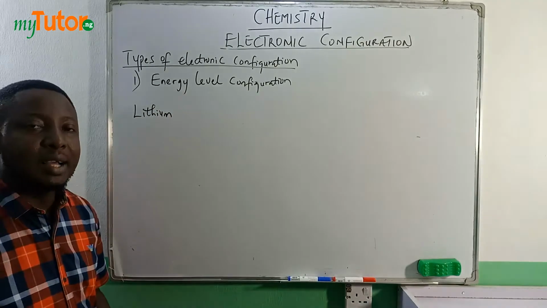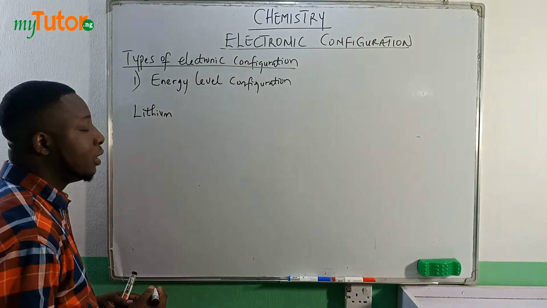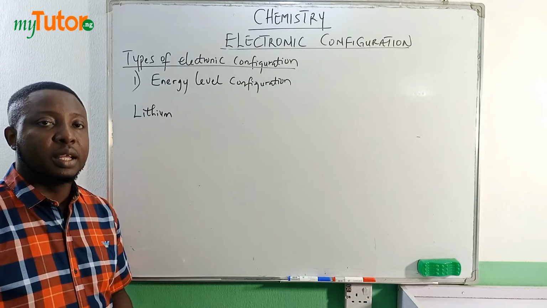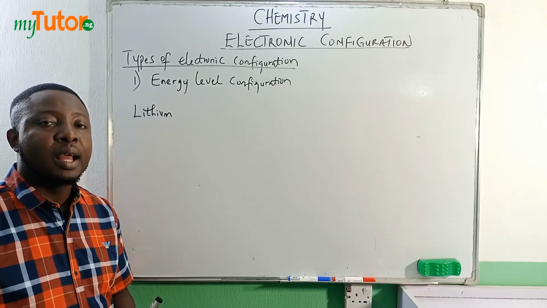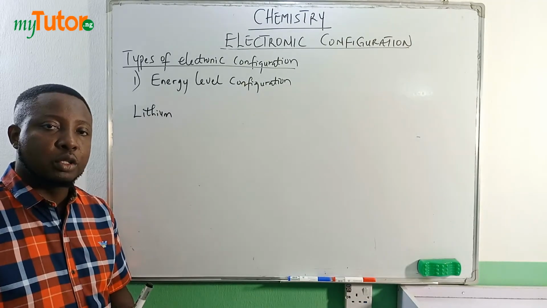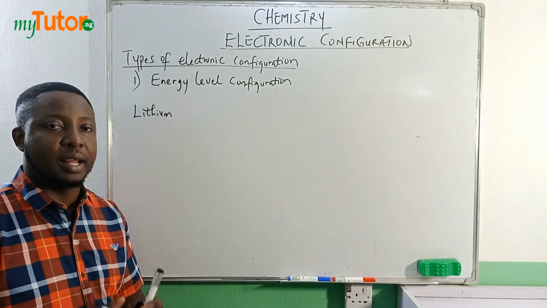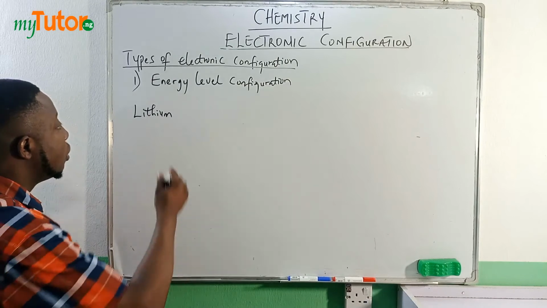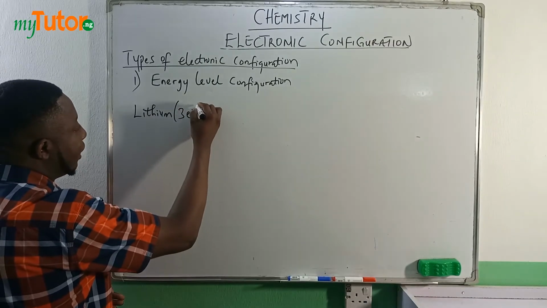Lithium has an atomic number of 3, which means that the number of protons in lithium is equal to 3. And we know that the number of protons is equal to the number of electrons. So lithium has 3 electrons.